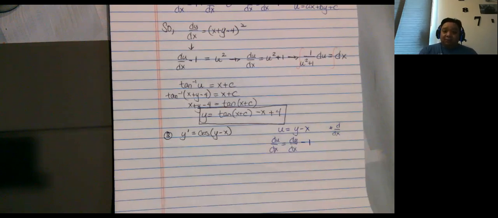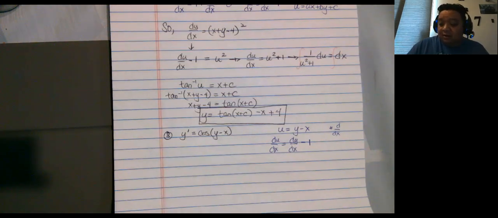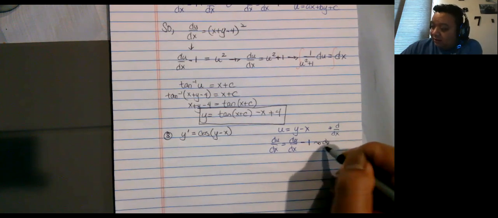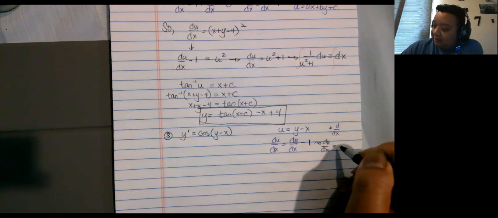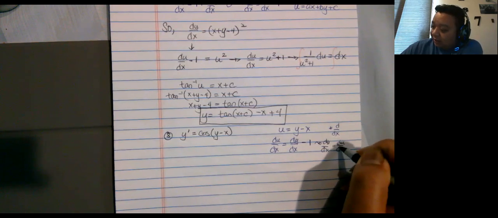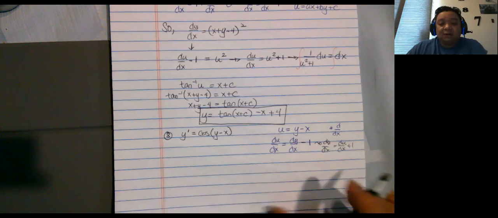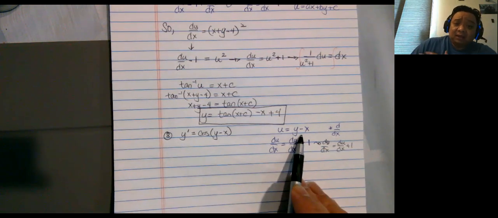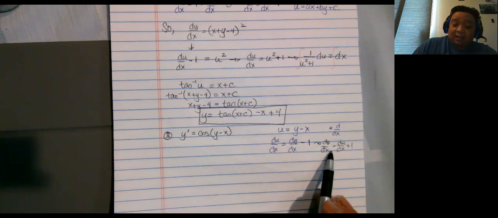Okay. Let me post this. All right. So you do have to solve for dy dx. And when you do, right, dy dx is equal to du dx plus 1, right? So again, since your linear expression is going to change depending on the problem, then your dy dx is going to change as well, right?